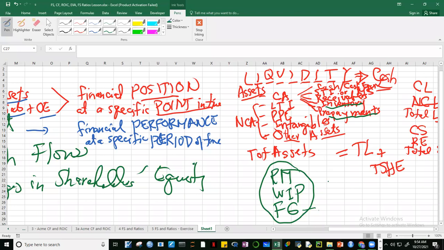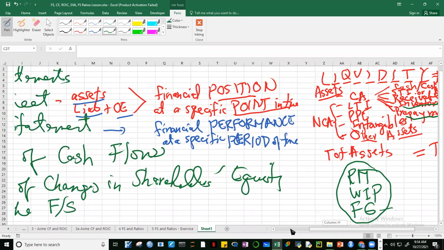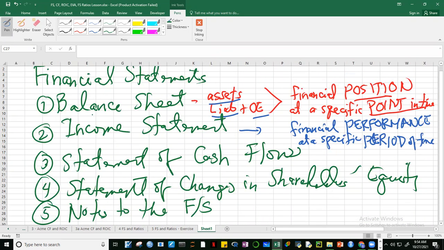As I was saying, if it's a service organization like a barber shop, with cologne, lotion, whatever, they will only be part of inventory if they're selling it to their customers. If it's being used for the service itself, then that should form part of prepaid, not inventory. All right, so let's go back to the other financial statements.